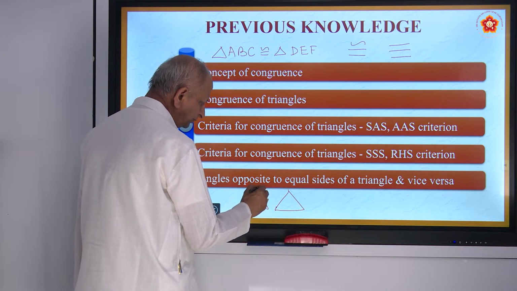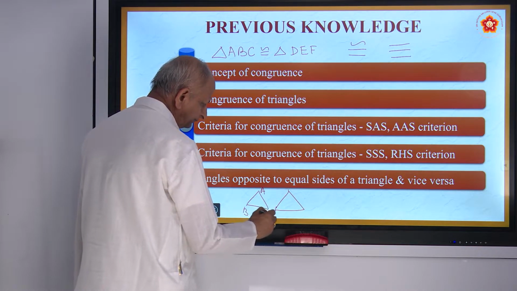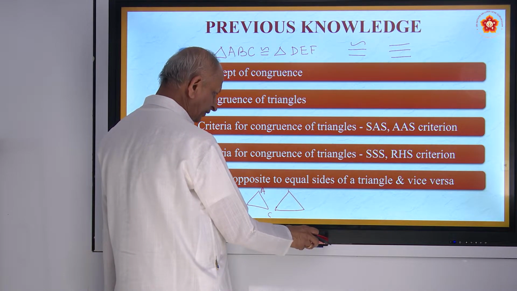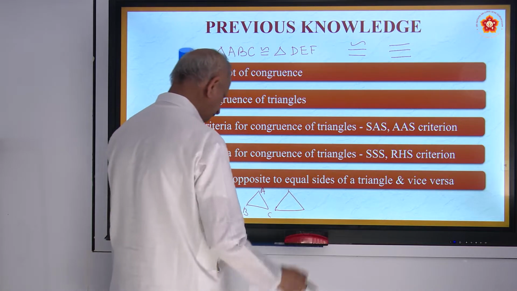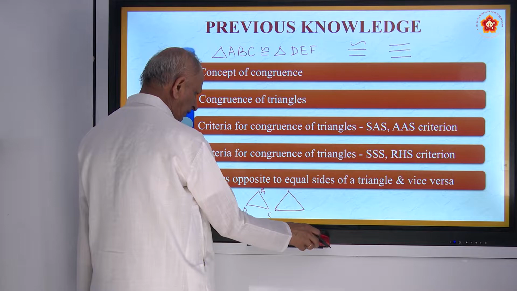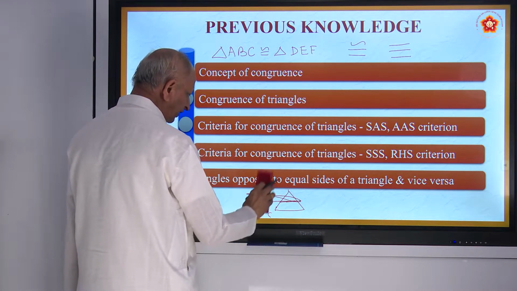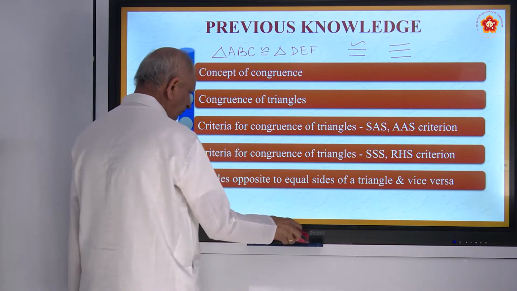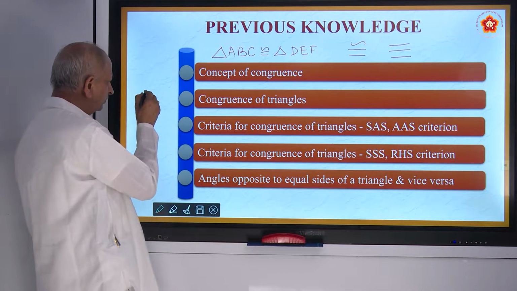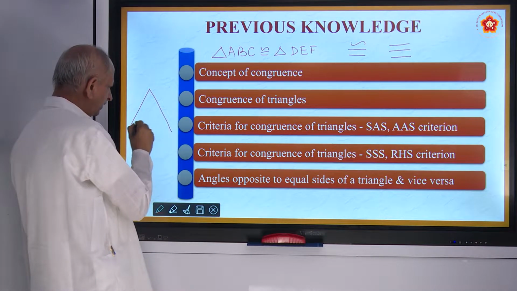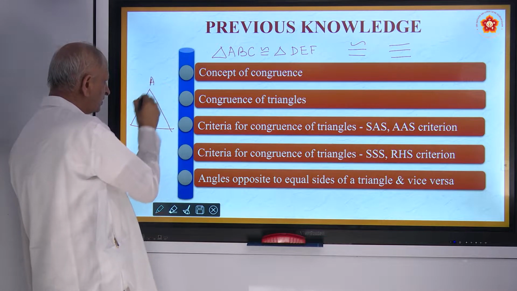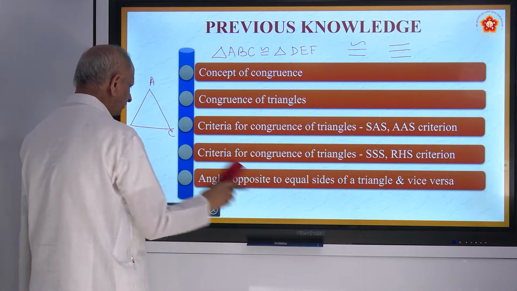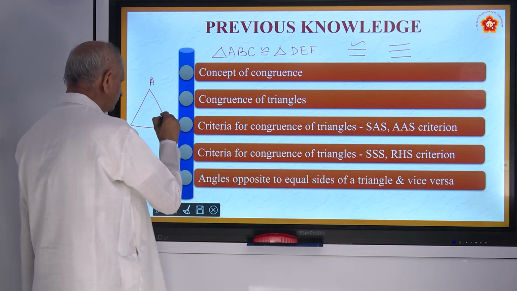I am drawing a rough figure because I am doing it by hand. You do it with a scale and pencil, okay? Do it neatly. That is about what is called an isosceles triangle.